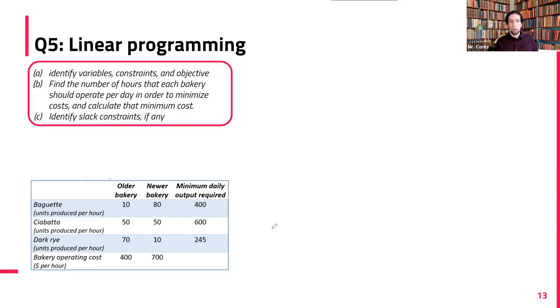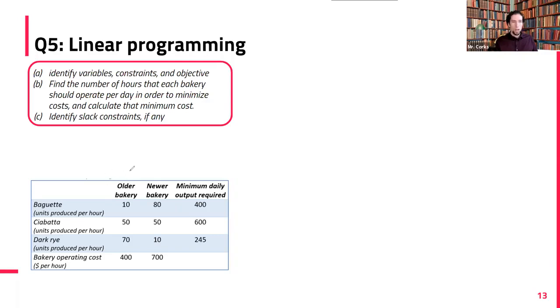They have this operating cost. What are the variables that work for this problem? Probably O and N. Okay, representing what? Number of hours that each bakery operates per day.